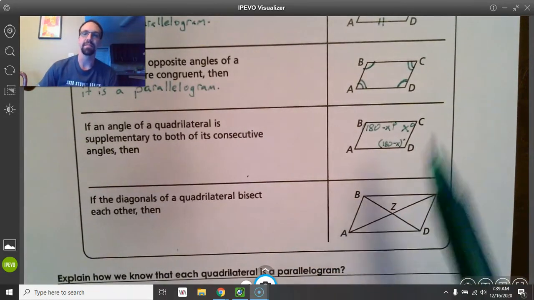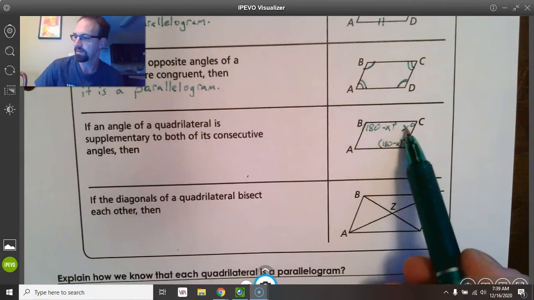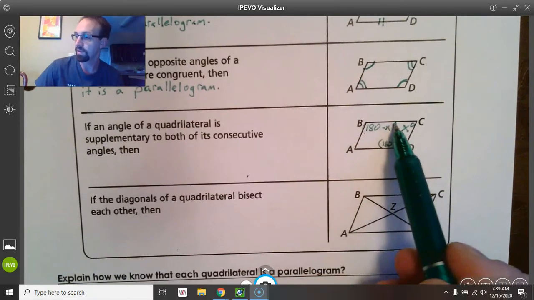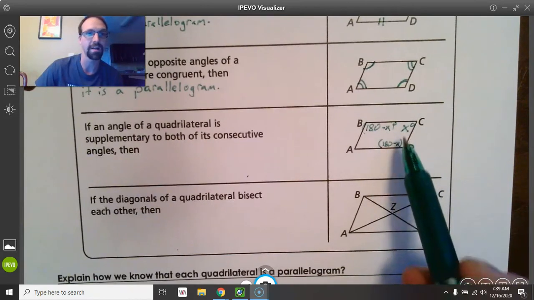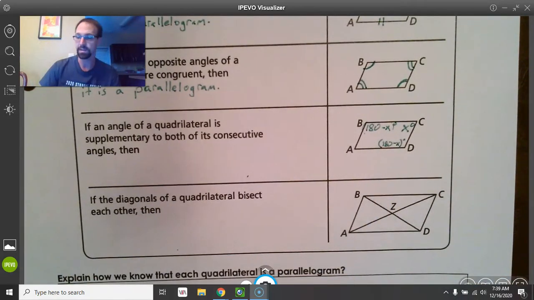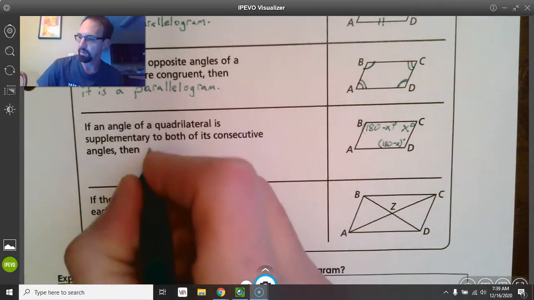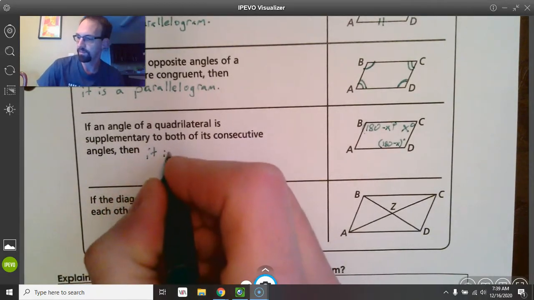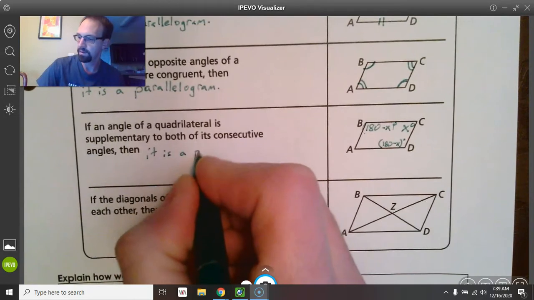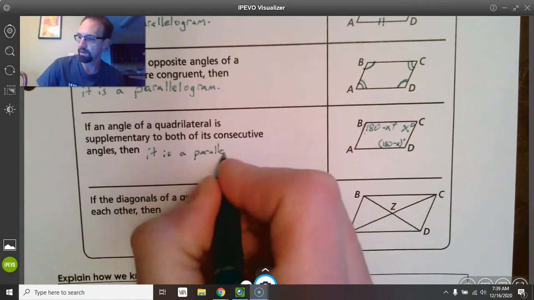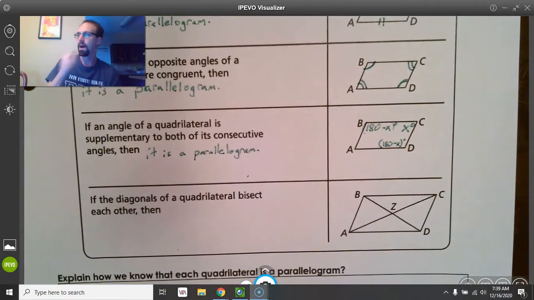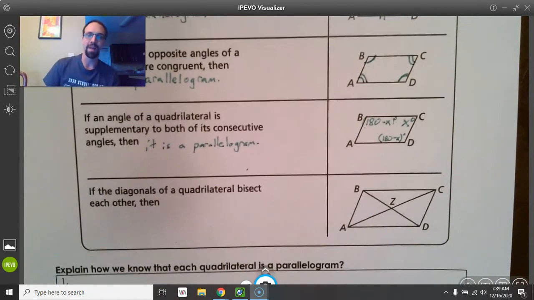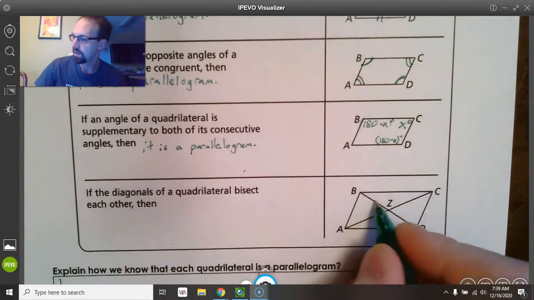And what that means is that whatever measurement this is, these two are going to be the same, just added together with X to obtain that 180 degrees. Then it is a parallelogram.